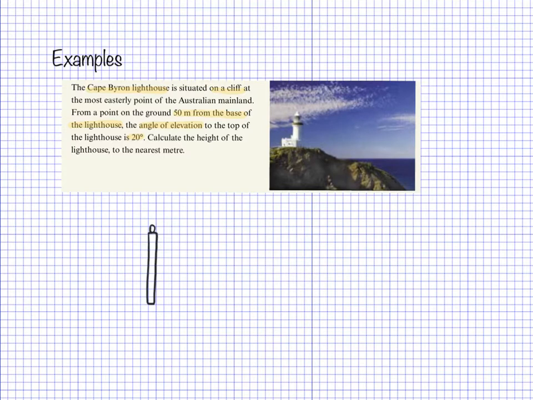The next point was that it's 50 metres from the base, the angle of elevation. So the next thing we need to draw is our base and the 50 metres away. So something like this, 50 metres away. The angle of elevation to the top of the lighthouse is 20 degrees. Now remember, the angle of elevation is from the horizontal up.